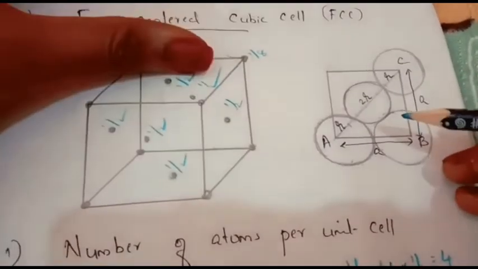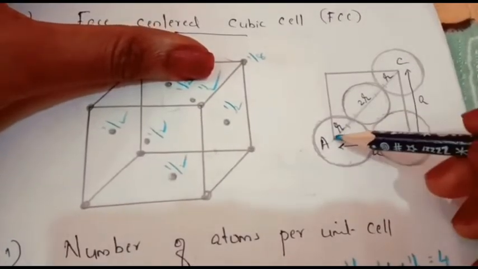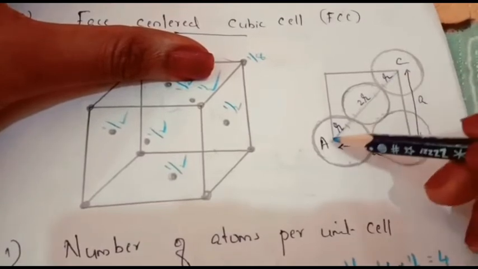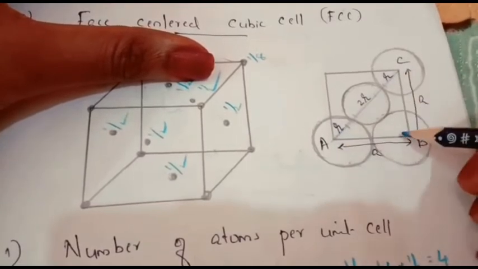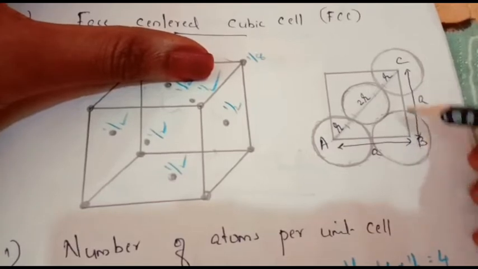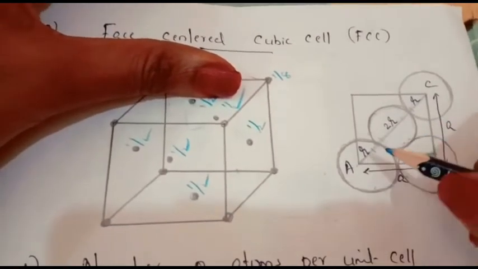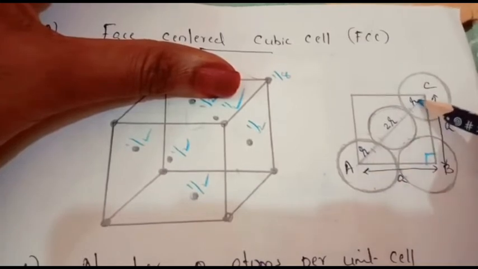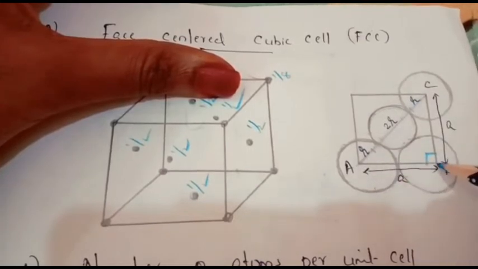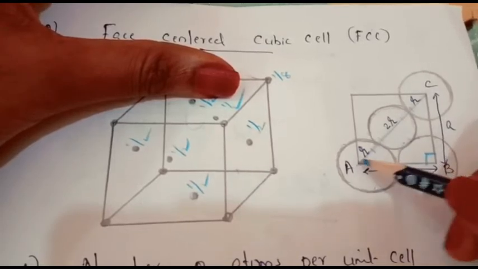Now just see this triangle ABC. The angle between AB and BC is 90 degrees. So according to Pythagoras theorem, hypotenuse equals root of base square plus altitude square. So what is the base here? AB. What is the length of AB?